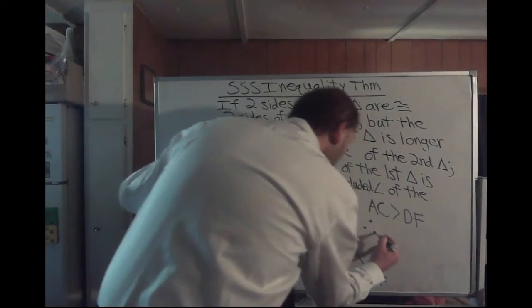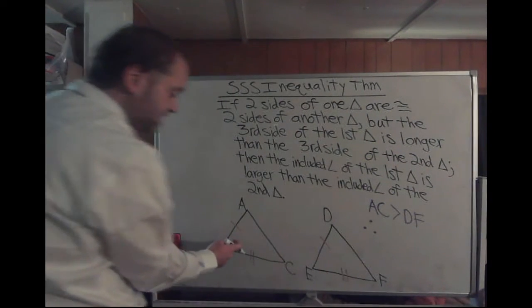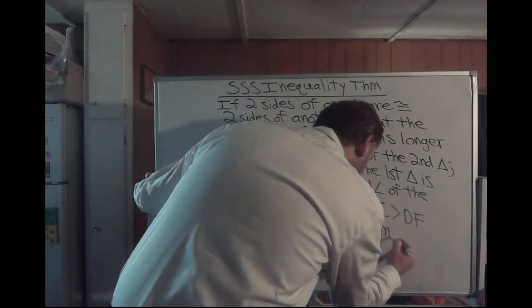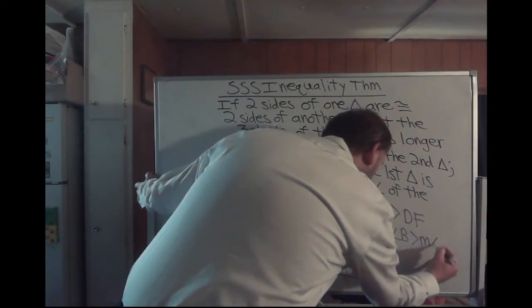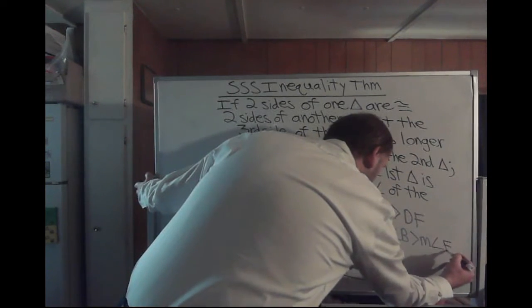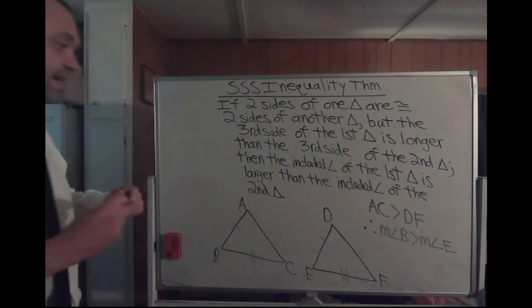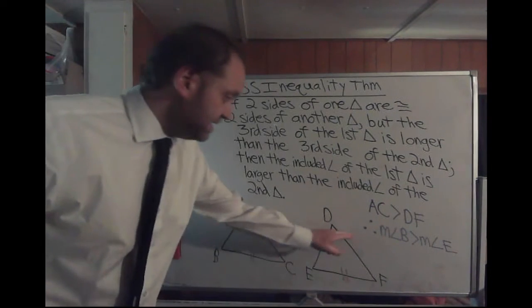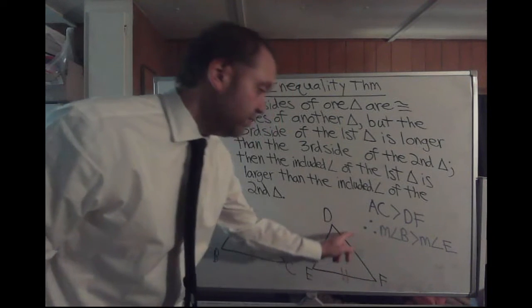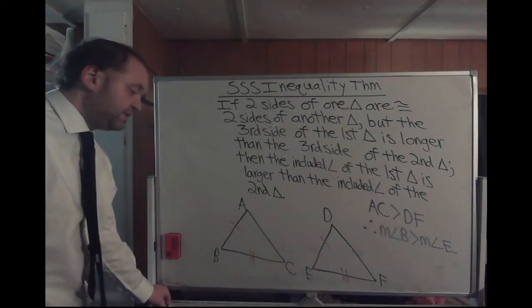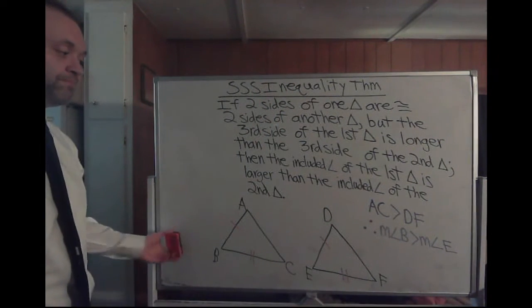Therefore, what this would mean, the angles opposite those sides, that the measure of angle B would be greater than the measure of angle E. Since AC is longer than DF, that means the measure of angle B is larger than the measure of angle E. That's all that really means.